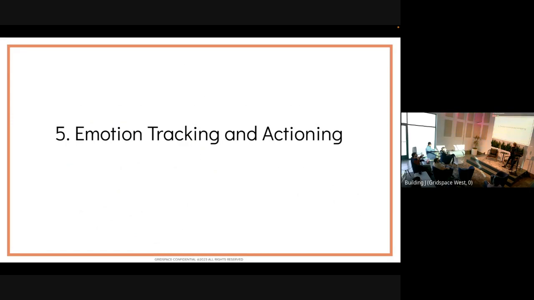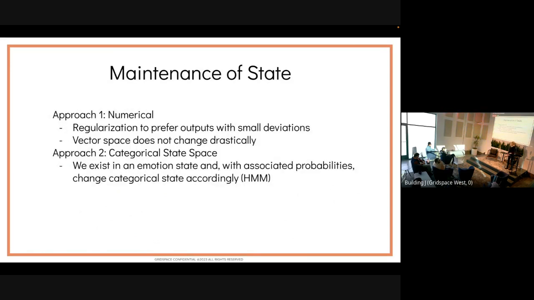Cool. So let's say that you can recognize emotion. This brings me on to the next thing we would want to do with a bot, which is emotion tracking. How does emotion change over time? How do we change actions based on the emotion that we've either detected or that we decide that we want to output? So one idea is that how humans change emotions varies hugely, but we don't tend to just switch from one to the other at a split second.